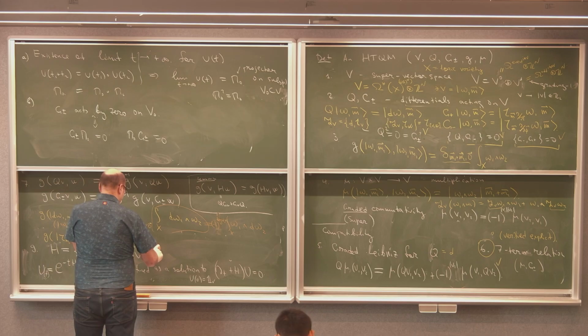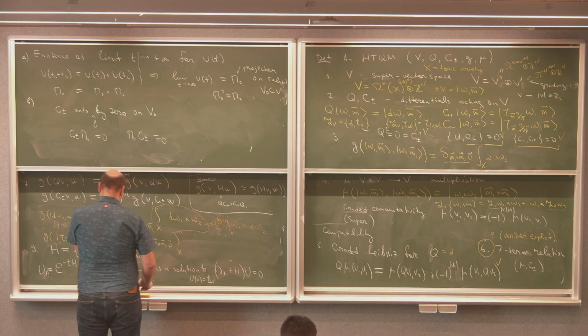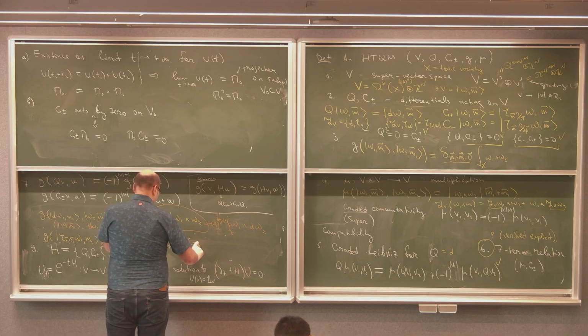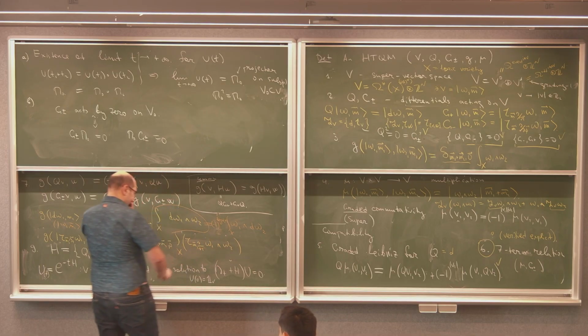So once again, delta of m1 plus m2 comma 0, integral over X of omega 1 wedge omega 2.